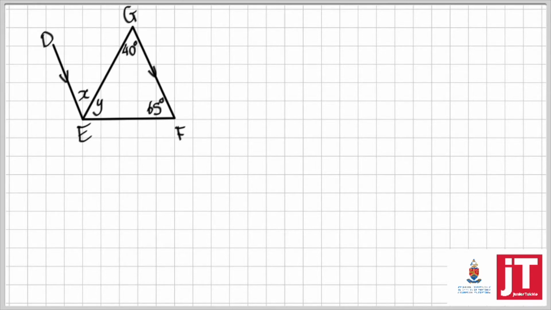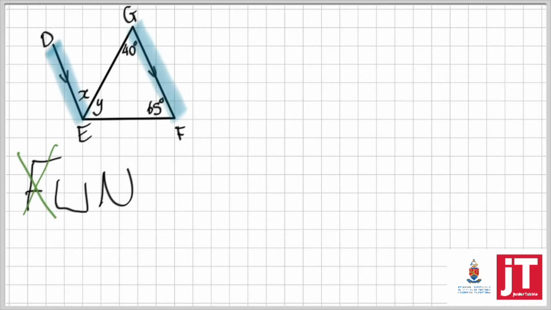Well, first of all, I'm going to highlight my parallel lines and write out my 3 theorems that I could possibly use. Now, I'm ignoring the F. You see, I've scratched it out. Why? Because EF is just like that. It's not extended further. So there's no F that forms, not even lying flat or anything.